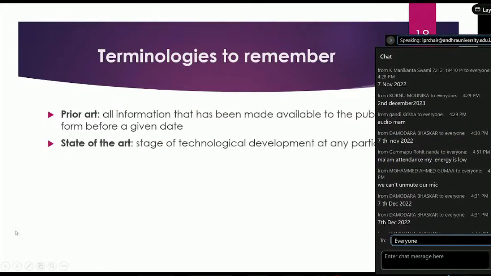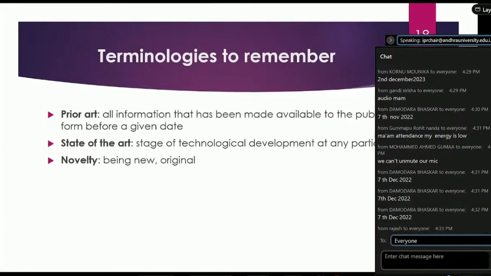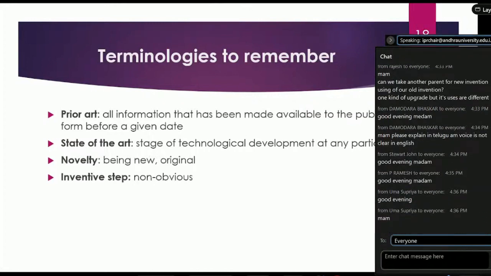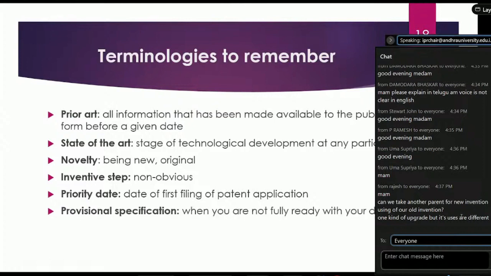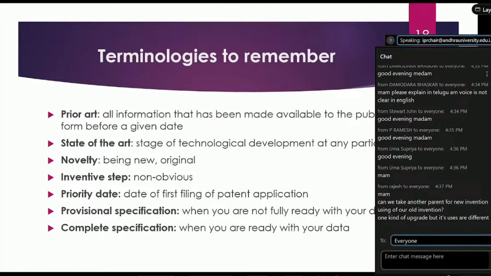State of the art is the stage of technological development at any particular time. Novelty, new or original. Inventive step is non-obvious. Priority date is the date of first filing of a patent application. Provisional specification is when you are not fully ready with your data. Complete specification is when you are ready with your data. So these are the terminologies that you have to remember in the case of the Patent Act.